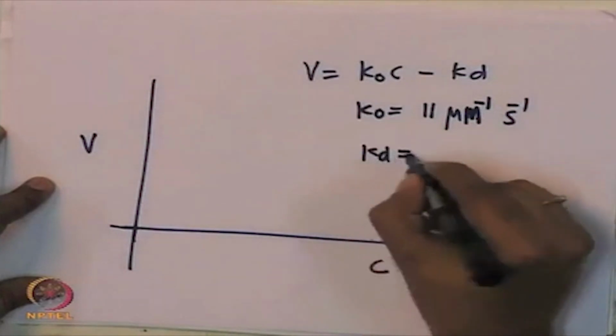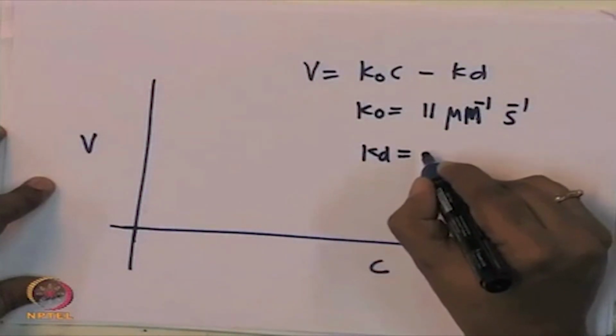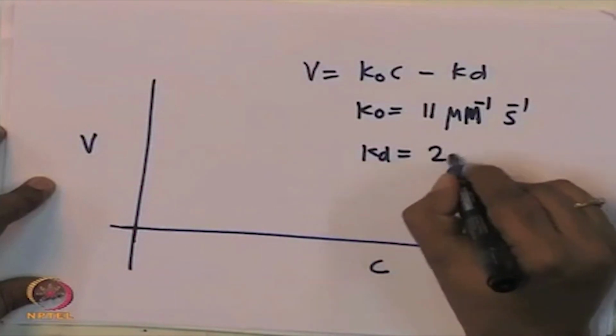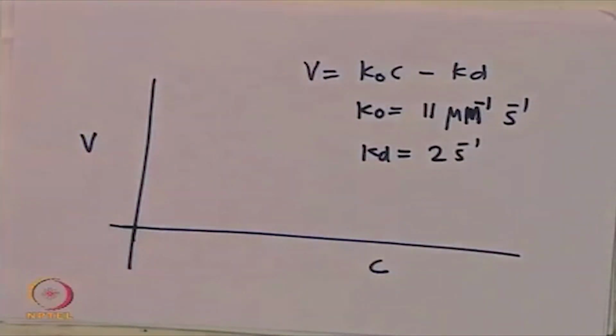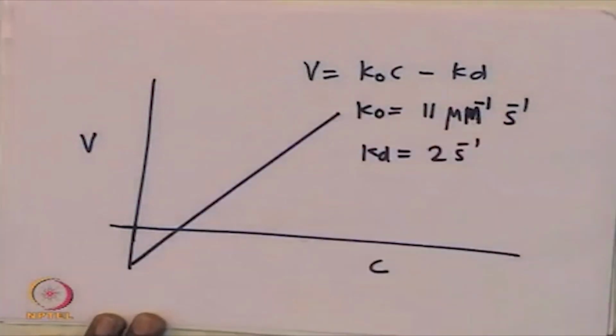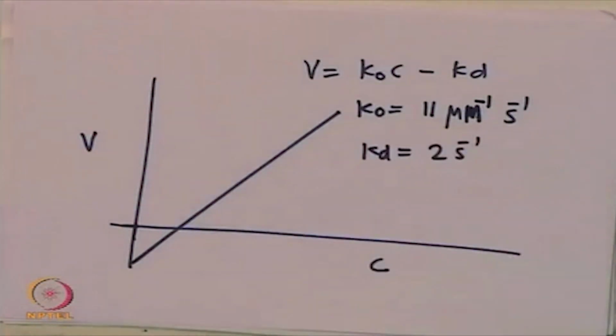Kd, the depolymerization rate, is typically close to 2 per second. So, theoretically, given these two numbers you can draw a straight line.